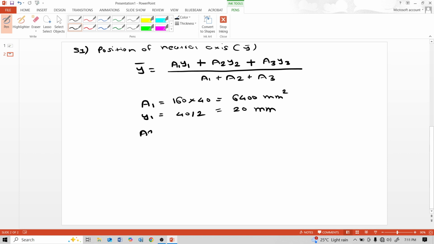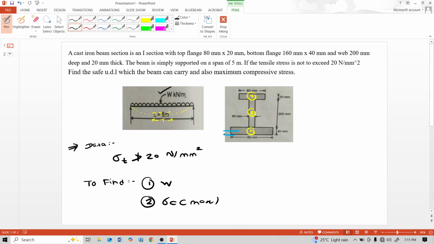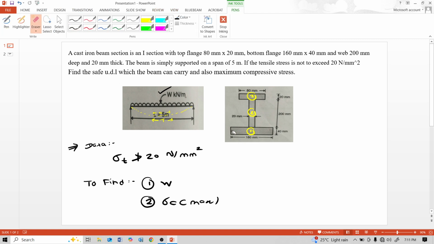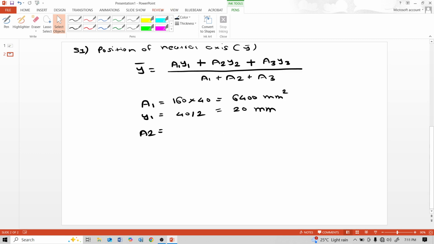Next A2. A2 is the area of this web. The thickness is 20 and the depth is 200. 20 into 200, 4000 mm square is the web area for that cast iron beam I section.